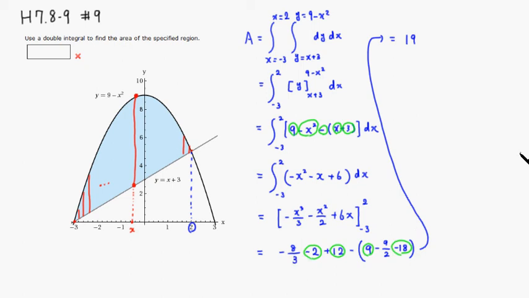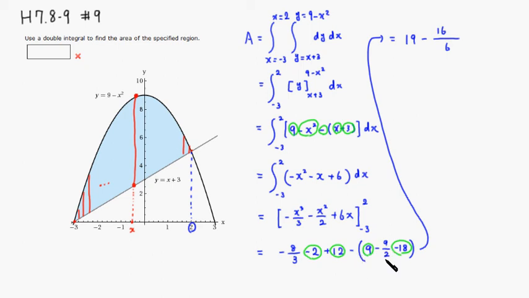The common denominator would be 6. Multiply by 2, so 2 times 8 is 16, so minus 16 over 6.